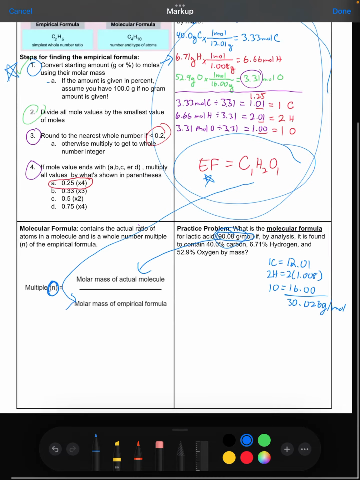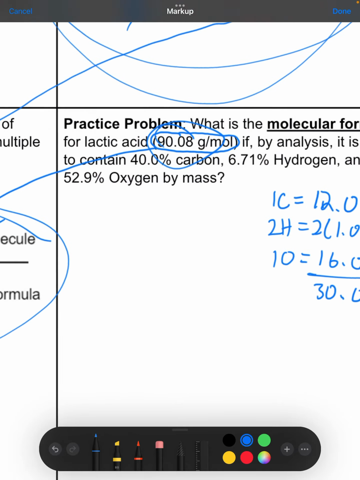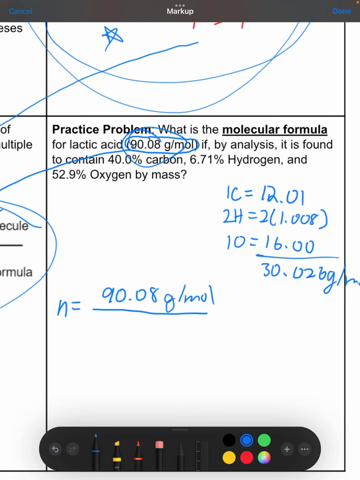So, according to my formula over here, all I have to do is divide the molar mass of the molecular formula by the empirical. So, I get n equals 90.08 grams per mole on the top, divided by my molar mass that I just figured out of my empirical formula, 30.02 grams per mole. And I get 3.0001.